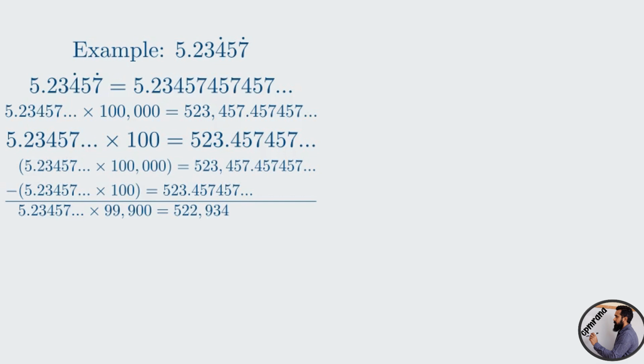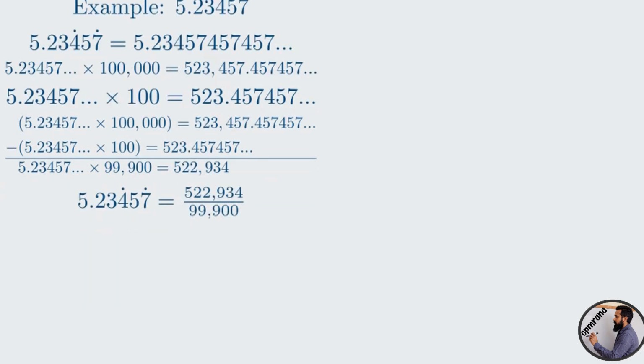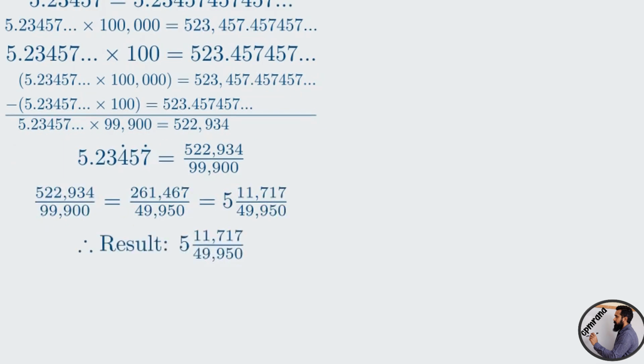To find our fraction, we just divide by 99,900. Finally, we simplify the fraction by dividing both the numerator and denominator by their common factors, and then convert it into a mixed number. So, our final answer is 5 and 11,717 over 49,950.